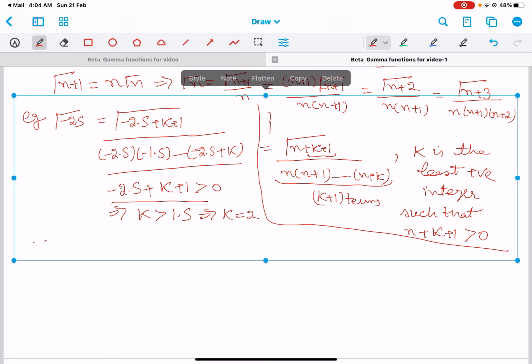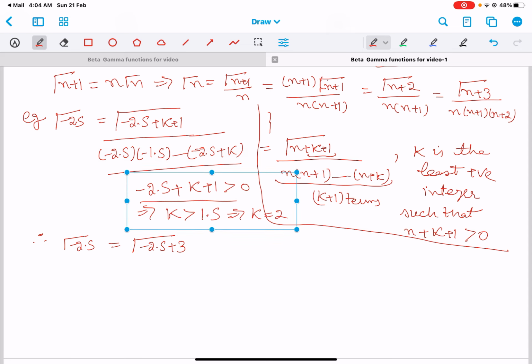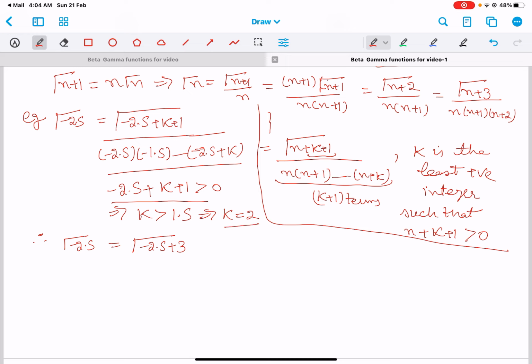So therefore, gamma of minus 2.5 is gamma of minus 2.5 plus 3, because k is 2, so k plus 1 comes out to be 3, upon minus 2.5.